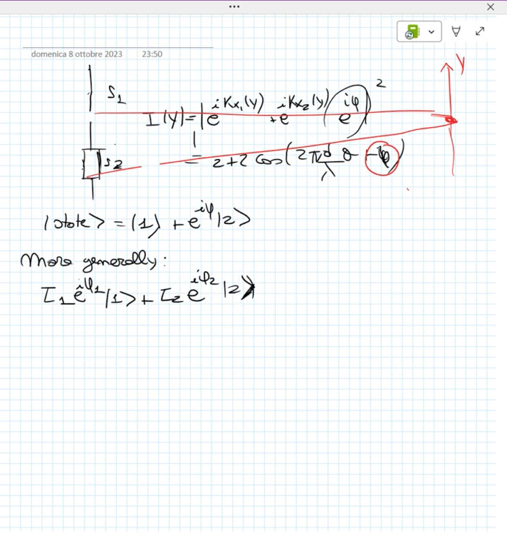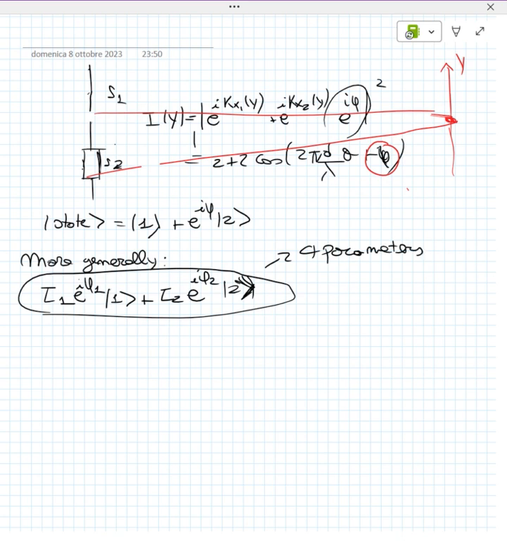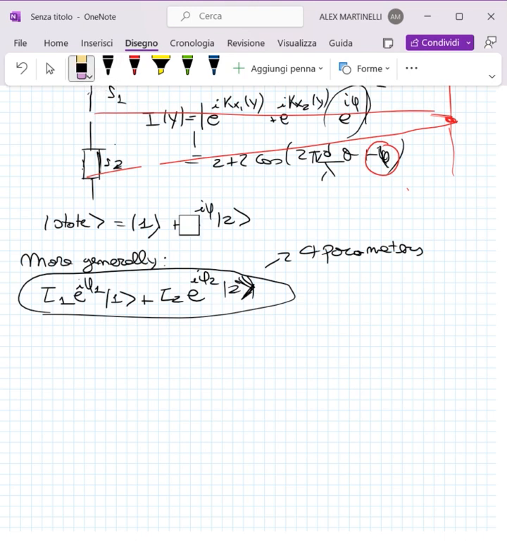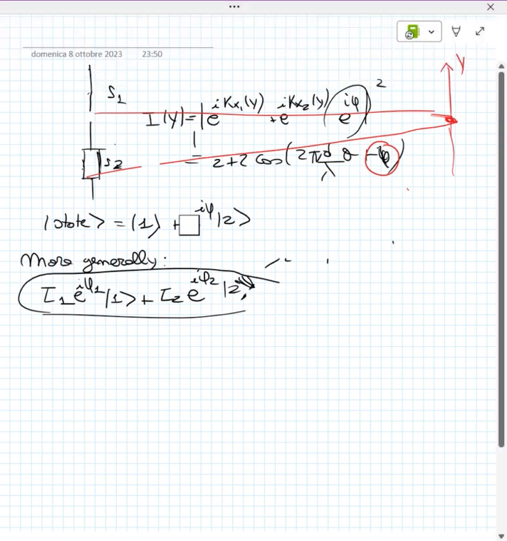Okay, we constructed a state. This is a state space constructed with 4 parameters. The important thing to notice is that we actually asked 2 questions to our experiment.